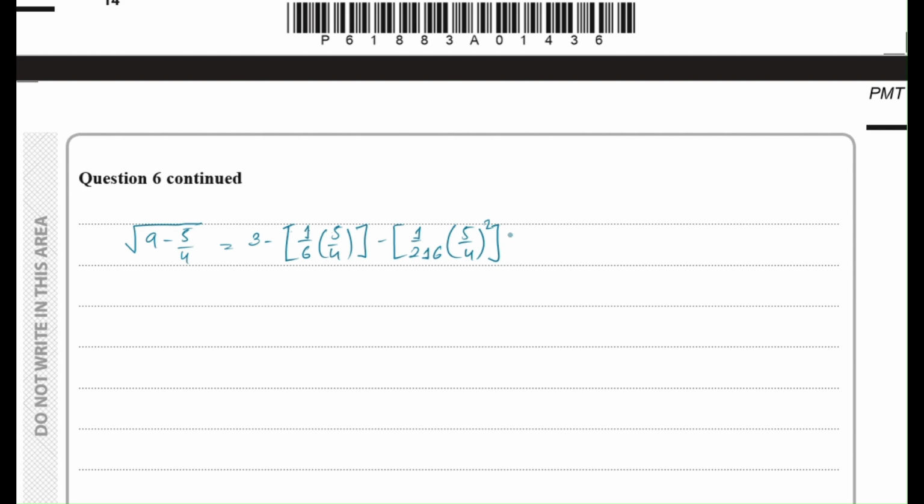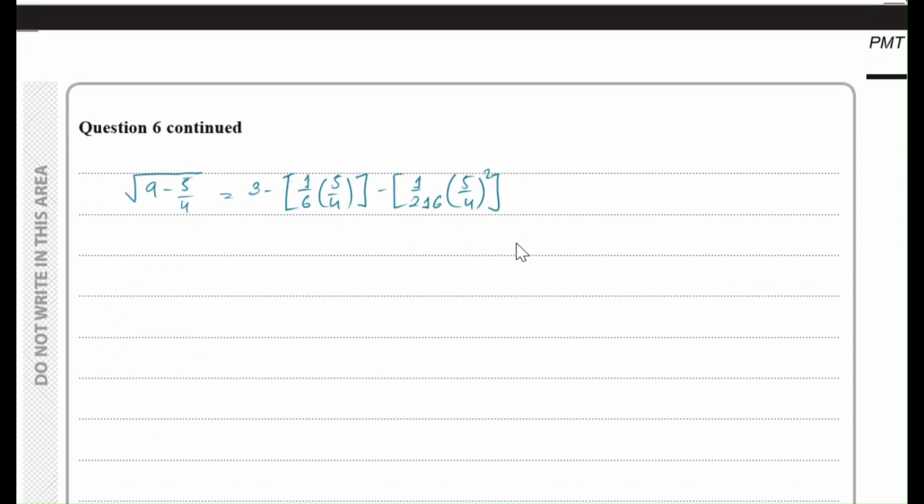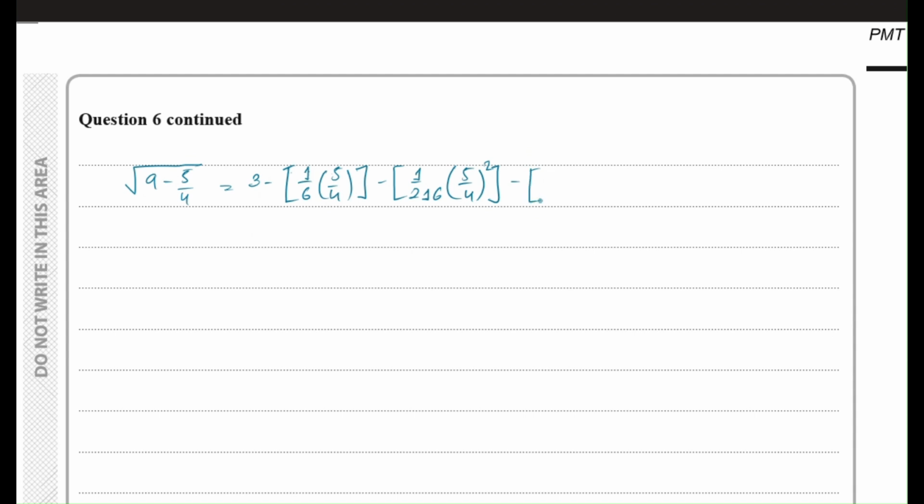So 5 by 4 squared. And this will be minus 1 by 3888, 5 by 4 cubed.